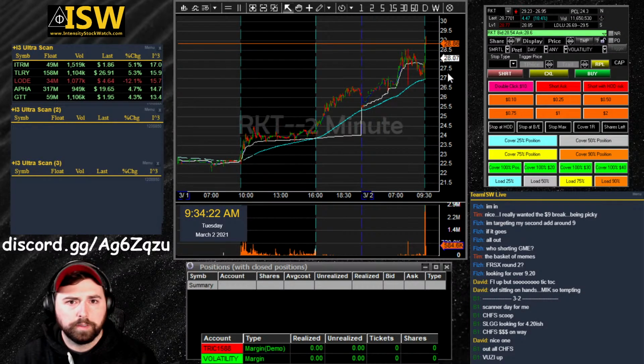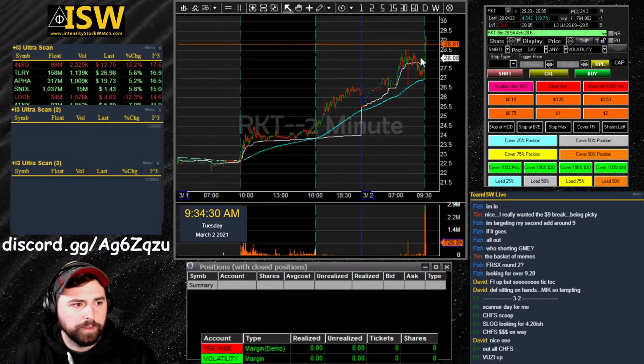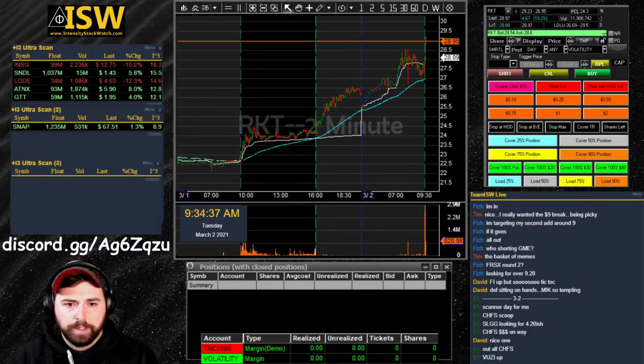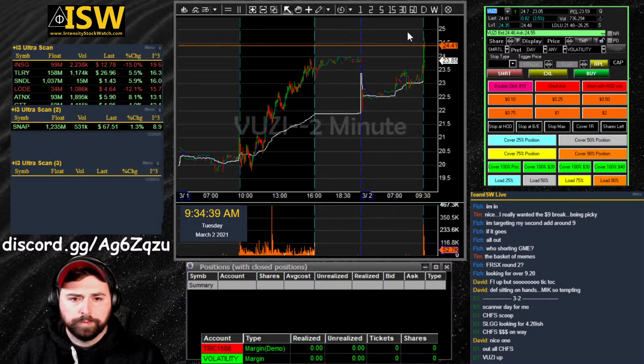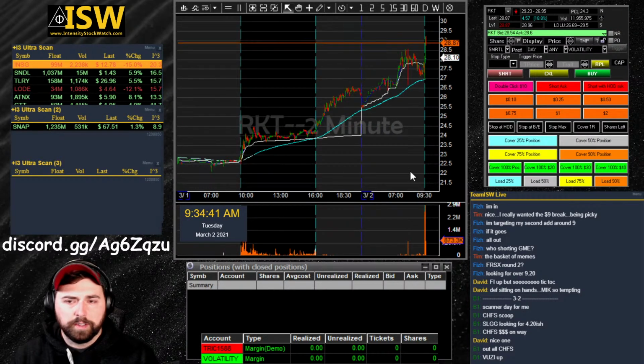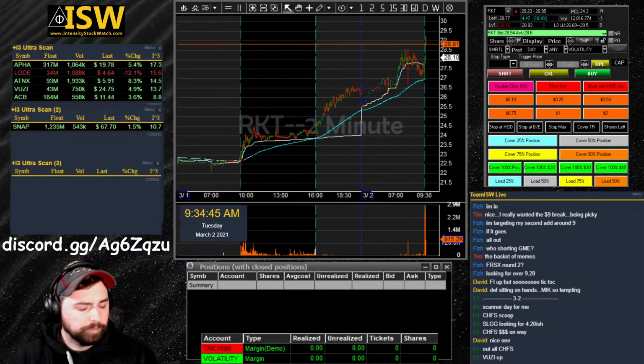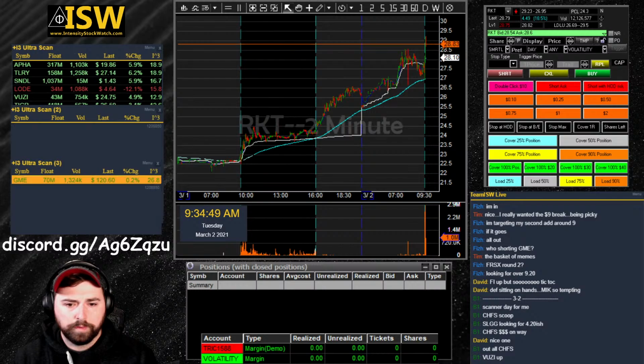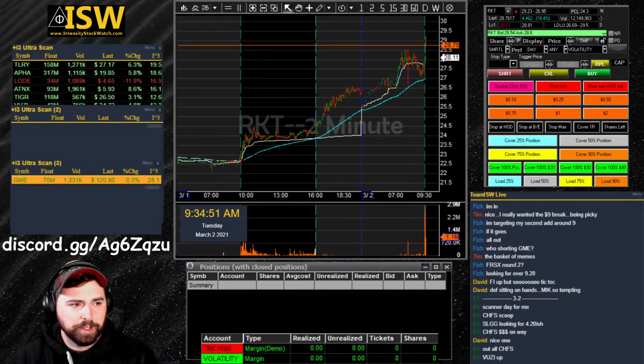Rocket. Dang. I was hoping that would try 2950 area before that pullback, but darn. Nothing really got too extended. Got VUZI up as well. Nothing's giving me that extra push.